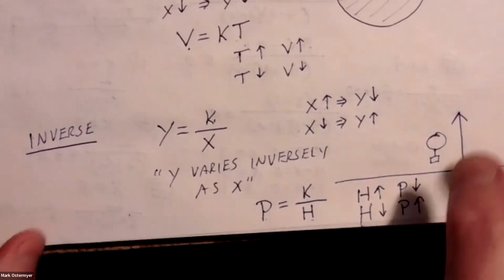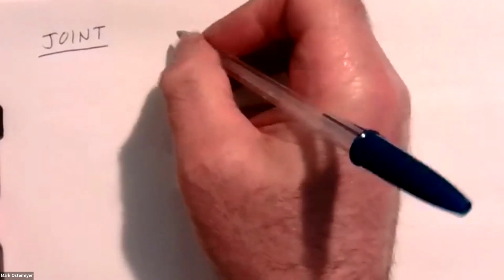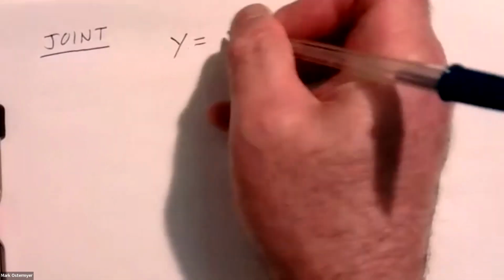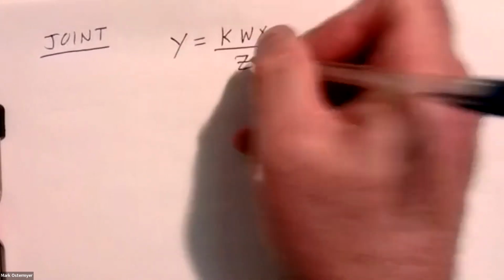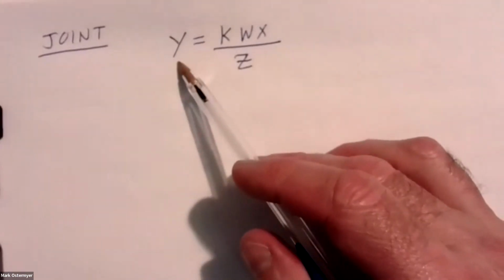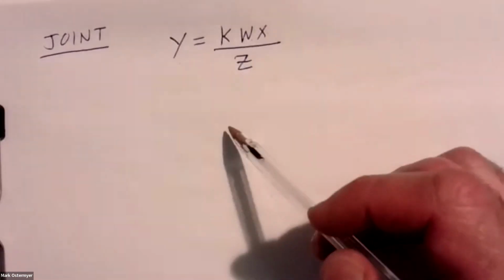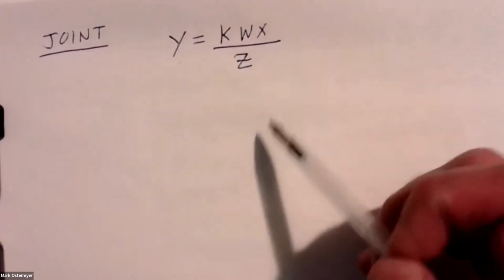All right. The last one is called a joint variation. Now, unlike a direct or inverse variation, a joint variation has more than one independent variable. Here's an example of a joint variation. Notice we have several variables here. Y is the dependent variable, W, X, and Z are independent variables. K is, again, the constant of variation. This is called a joint variation.